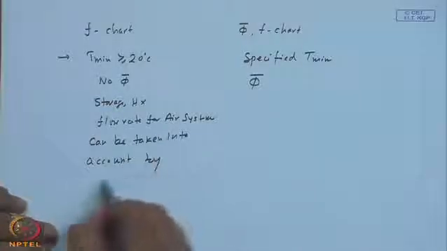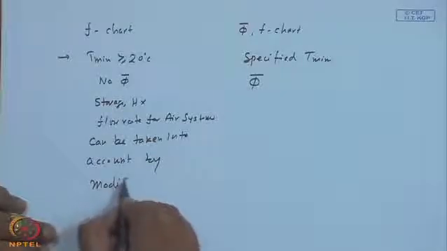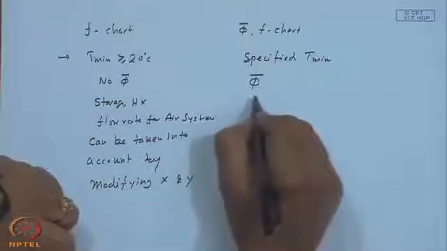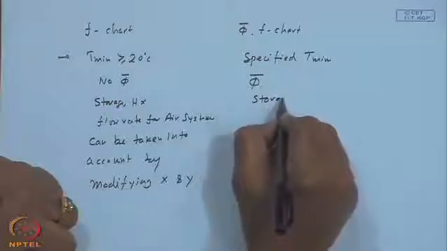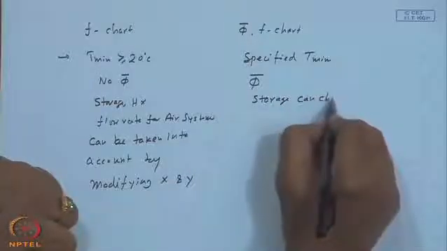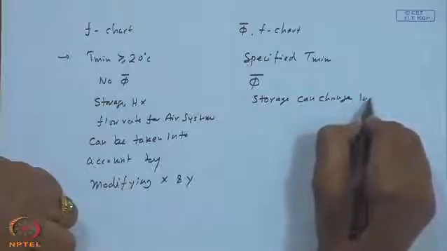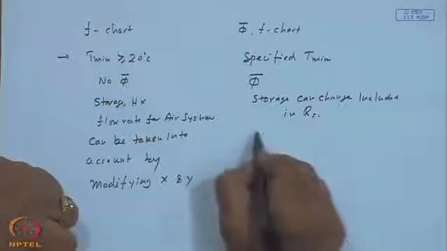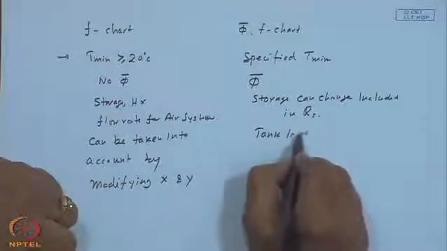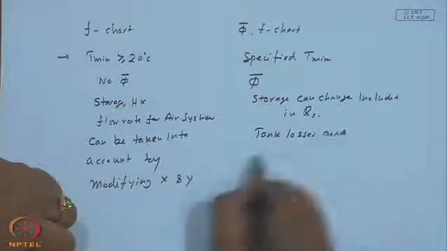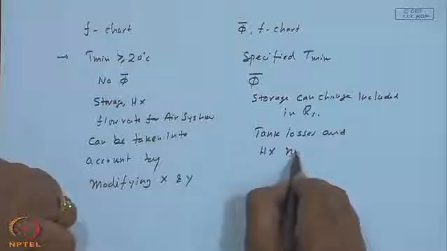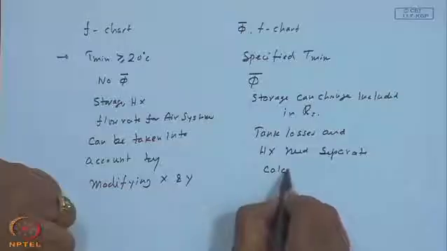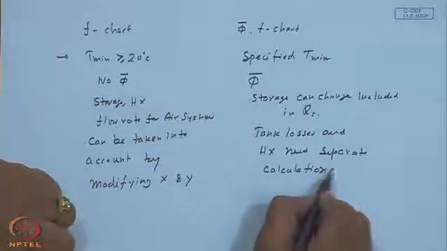By modifying x and y. Here storage can change, included in the factor R s. Tank losses and heat exchanger need separate characterizations.